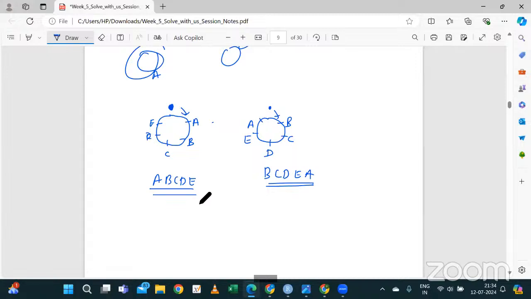Different. Different means order matters, right? So order will matter.